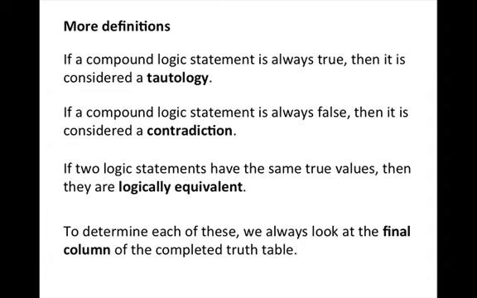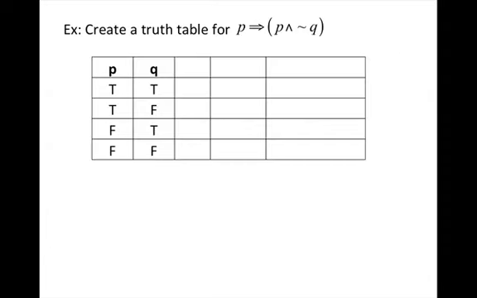So let's look at our examples. I have P implies (P and not Q). So begin with what's inside the parentheses. I have P and not Q. So I know I'm going to need a not Q in my table.